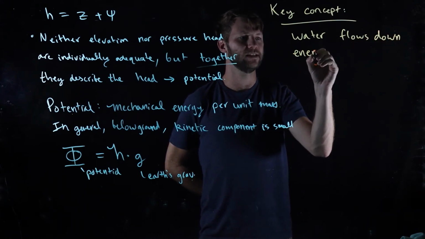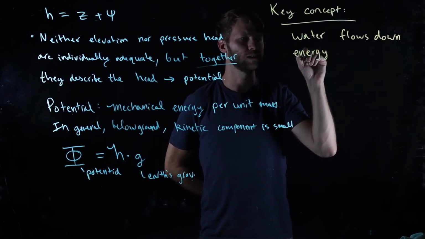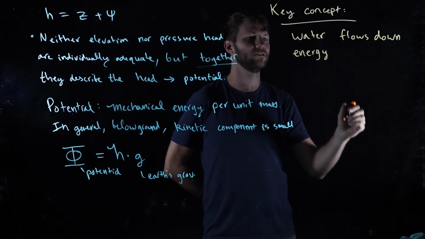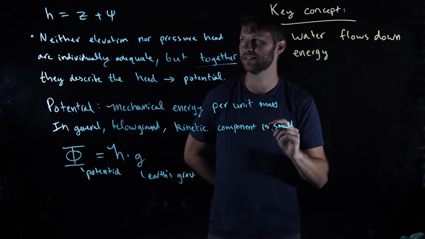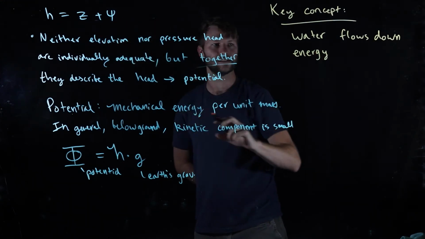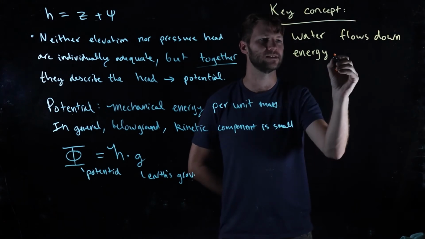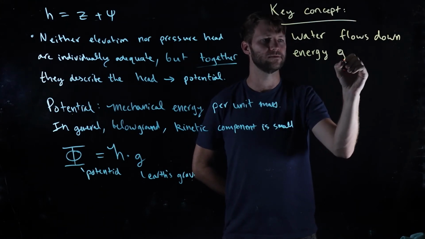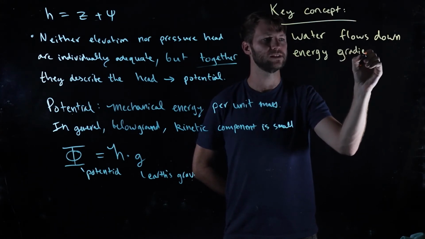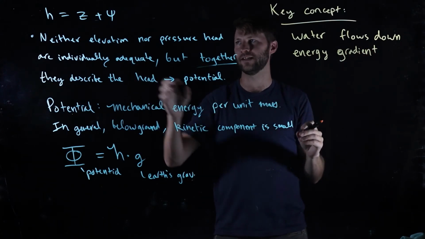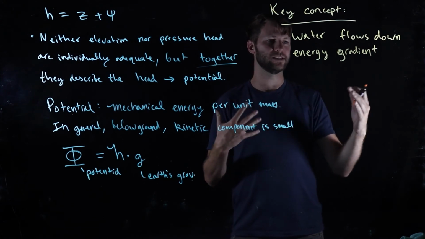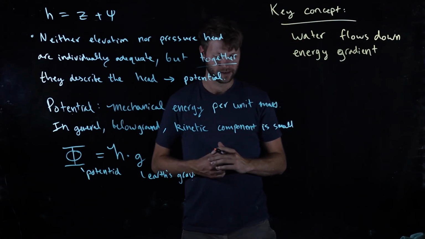Just like if you're skiing, you are going to go from high elevation down to low elevation. Water wants to flow down an energy gradient, but it's not just elevation, it's also this pressure term that determines the energy gradient. And what does this word gradient mean? It means the change in a scalar quantity, like potential, over a particular distance or length scale.